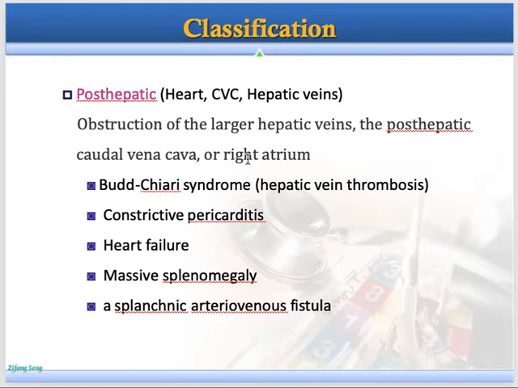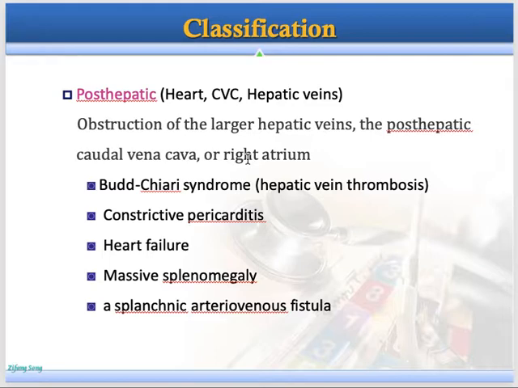The liver drains the blood into the central vein, which together form the inferior vena cava. Inferior vena cava drains into the right atrium, and when the right heart is not working fine, again there will be back pressure, pooling of the blood in that circulation, which will ultimately cause pressure on the liver, right?